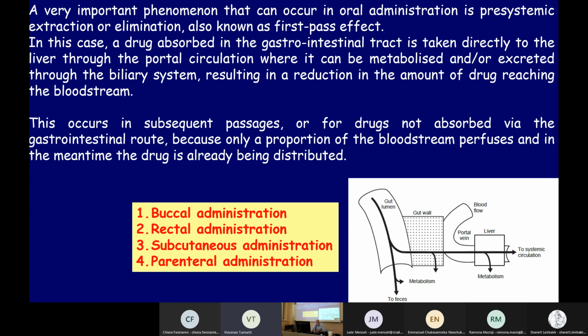This means that the liver can metabolize this drug, can change the chemical structure of this drug.